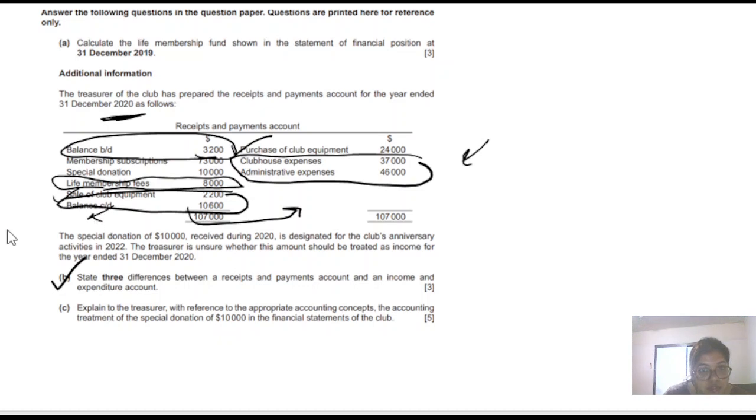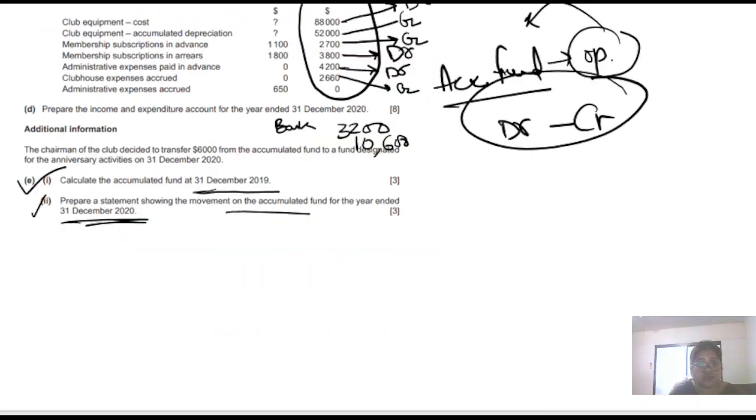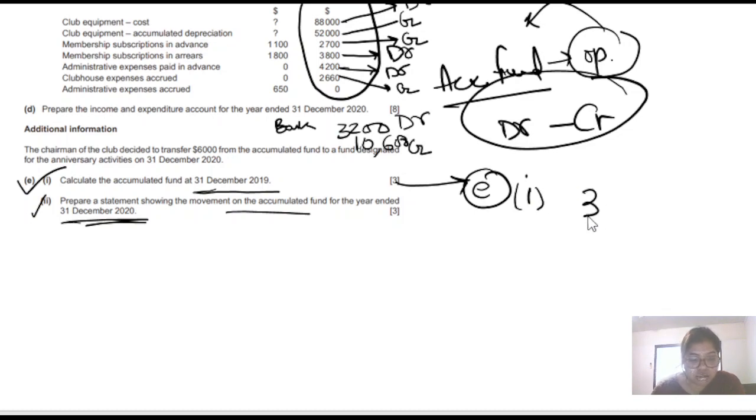If it is here, it means that is your bank OD. So this is your debit balance and this is your credit balance. After solving this you have to deduct debit and credit. Your answer for the first part of E is 32,040.